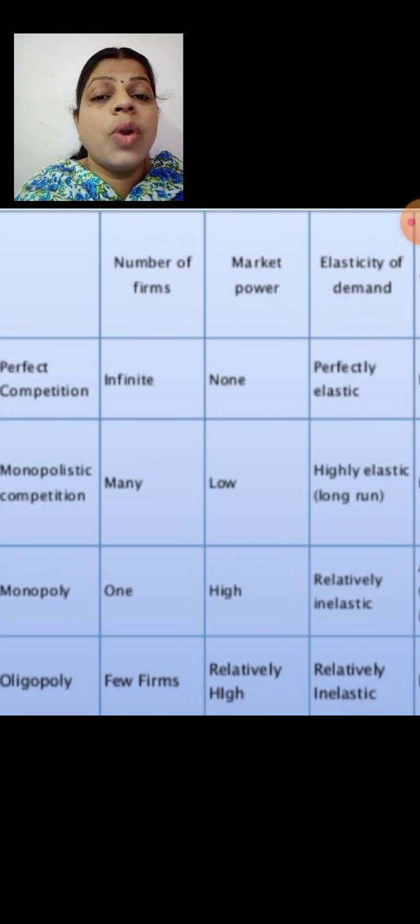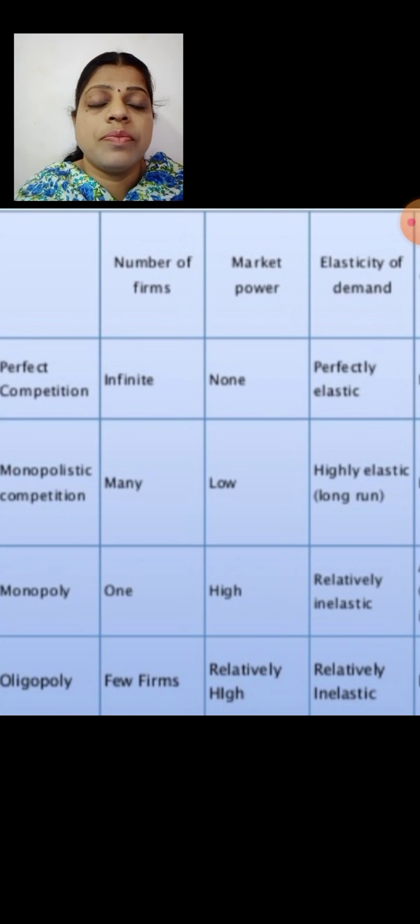And in the monopoly, I told you only one seller is there. So he is the dominant person, and all the 100% of the market share rests with him. That is, more power rests with the monopolist.